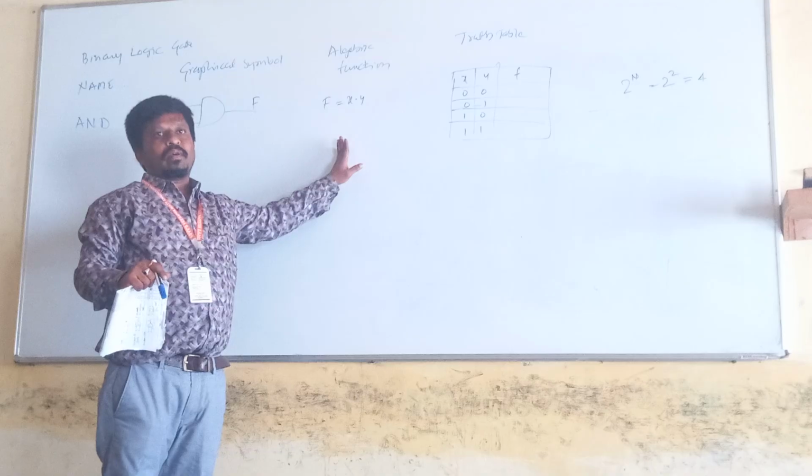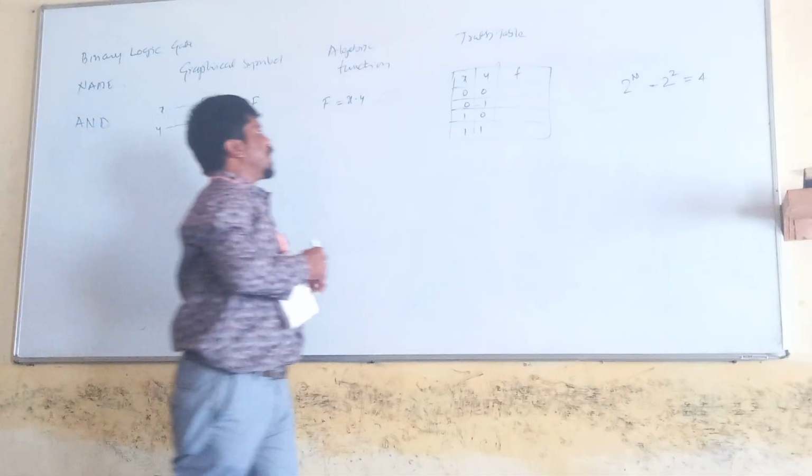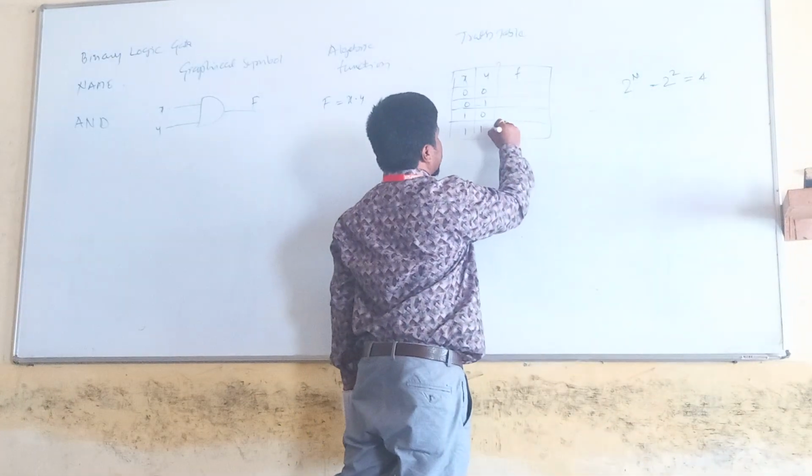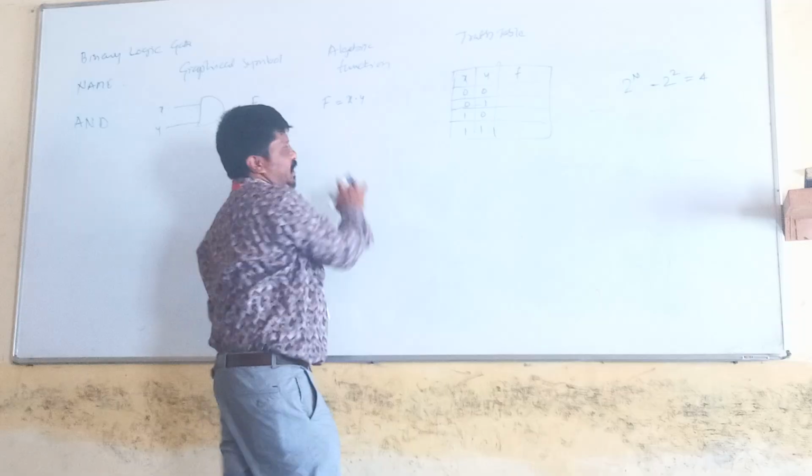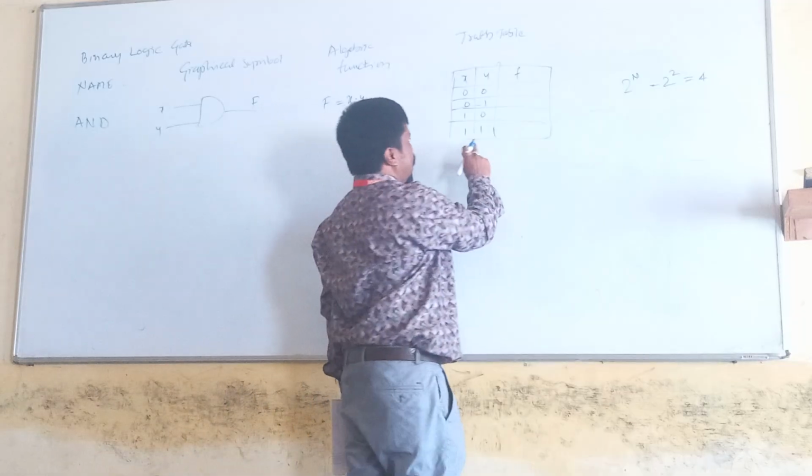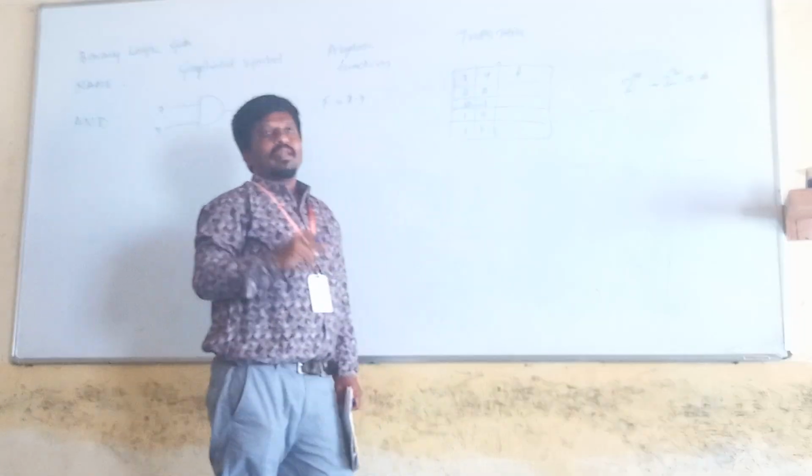Then the dot operator I use here: what does the AND operation tell us? If both inputs are high, then only the output is high. Otherwise, it's low, it's 0.